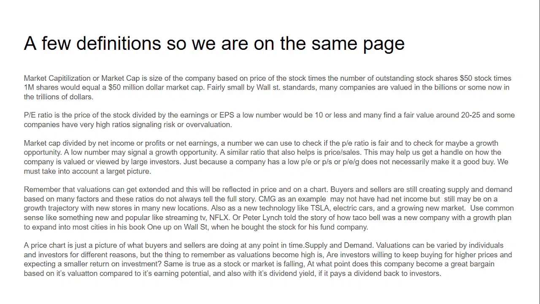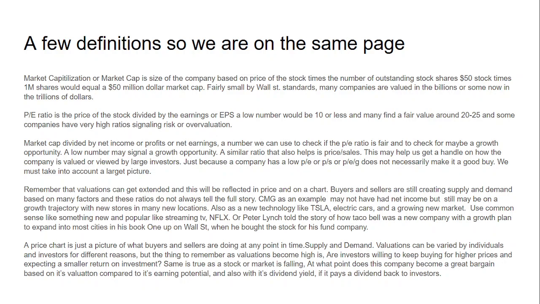A similar ratio that also helps in valuing companies is price divided by sales. This may help us get a handle on how the company is valued or viewed by larger investors. Now, just because a company has a low PE or a low price divided by sales, or even a low price divided by earnings divided by growth, does not necessarily make it a good buy.